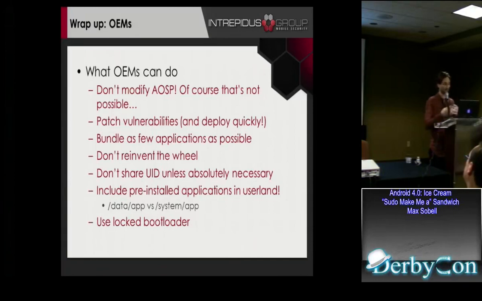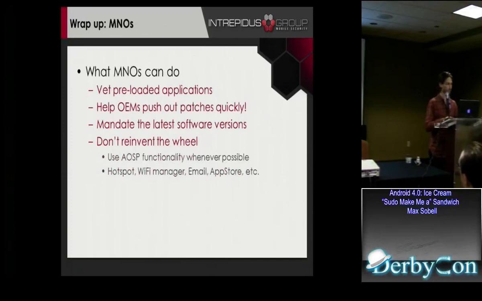Put them in data app so the user can uninstall them. And use a locked bootloader. Don't share UID unless it's absolutely necessary. Keep everything sandboxed. It's really nice and seems really neat to have everything sharing a UID, but it really undermines the Android security model.